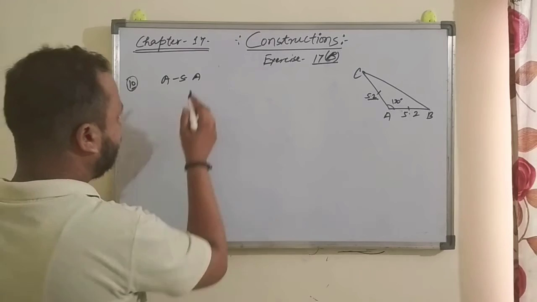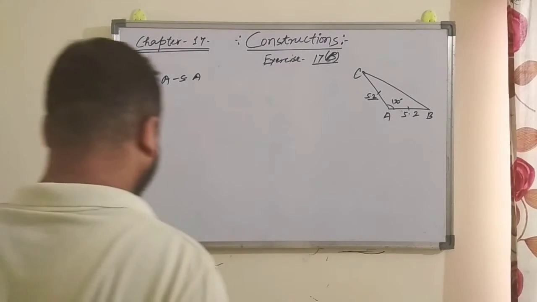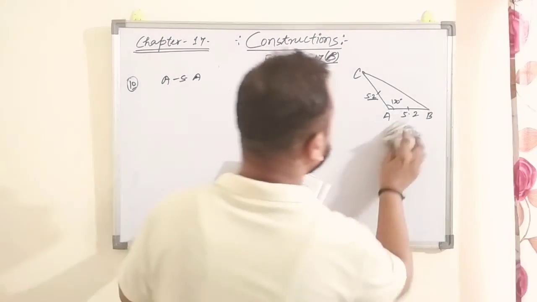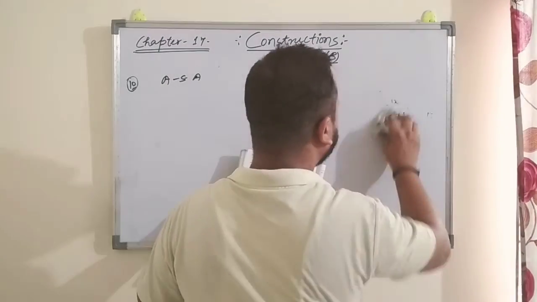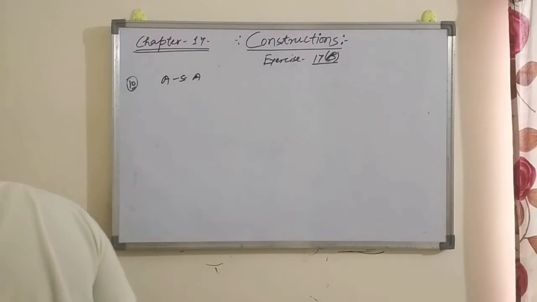The question reads: construct a triangle ABC where AB is 7 centimeter and two angles are given as 45 degrees and 75 degrees.